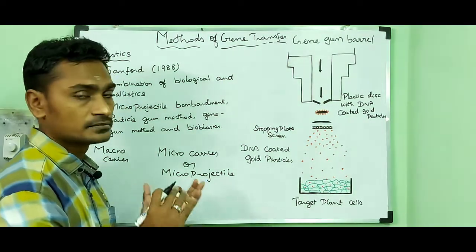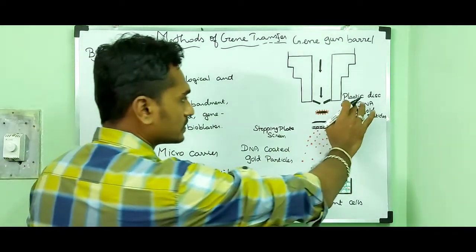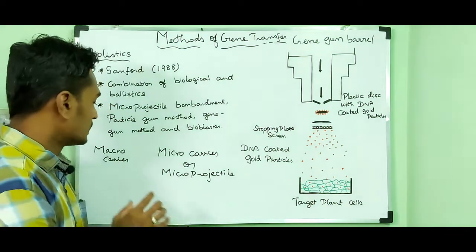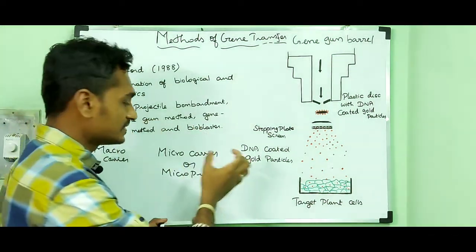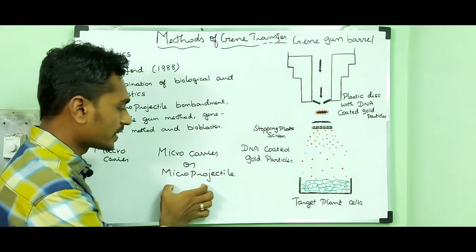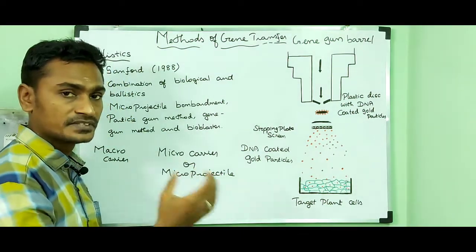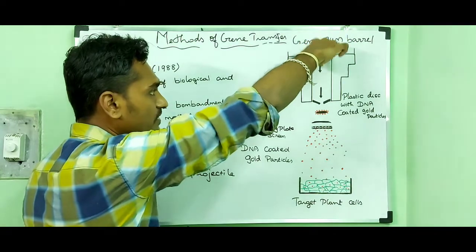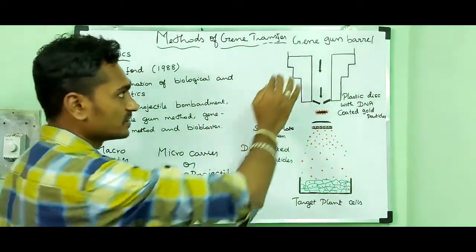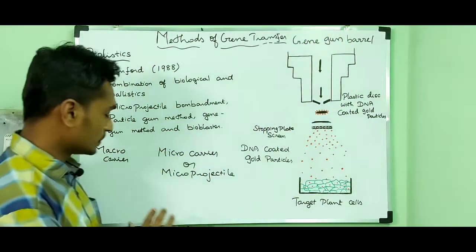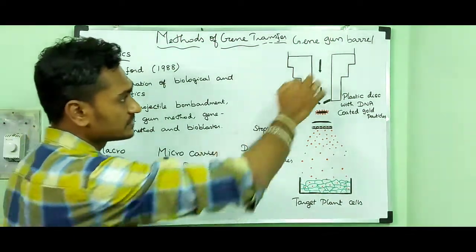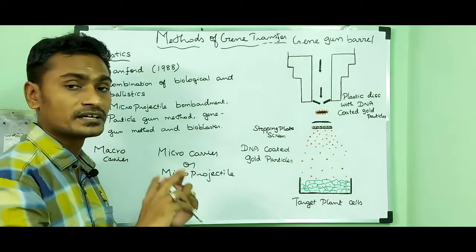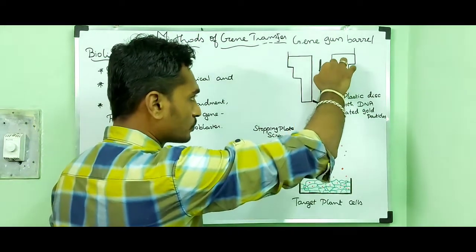The macrocarrier carries the microcarrier. Then these macrocarriers are inserted into the apparatus, that means the gene gun barrel, and pushed downwards by rupturing the disc.